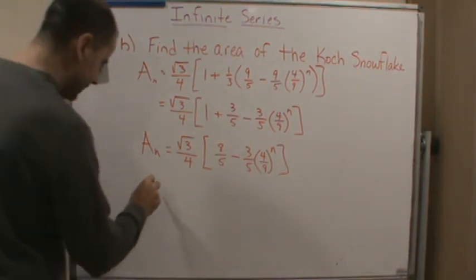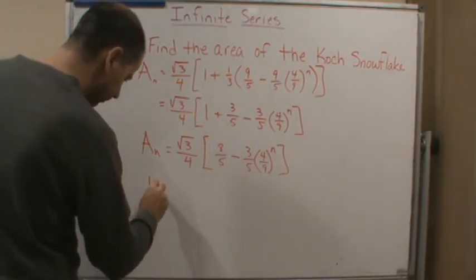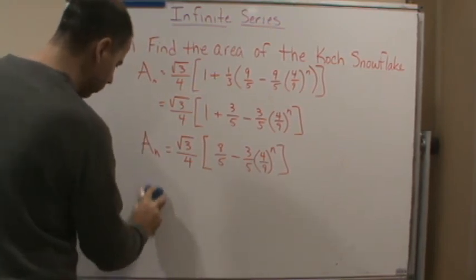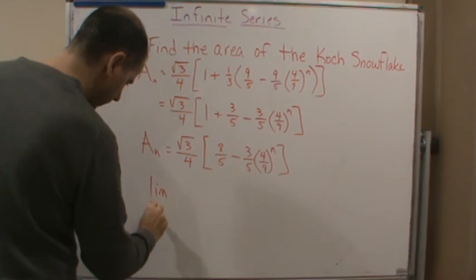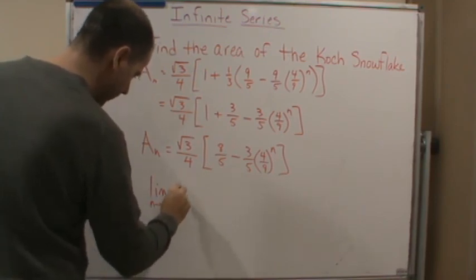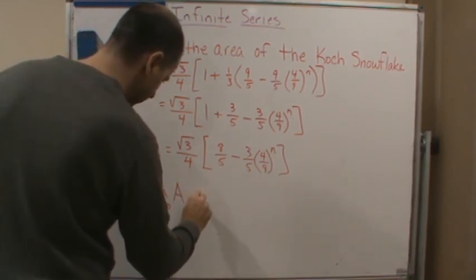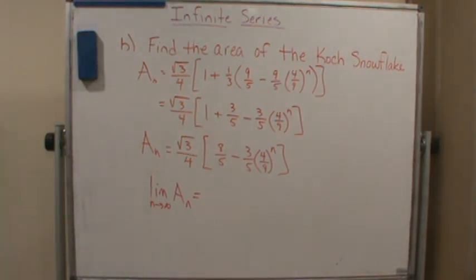So now, if we take the limit as n approaches infinity of a sub n, what happens to this? What happens to it?